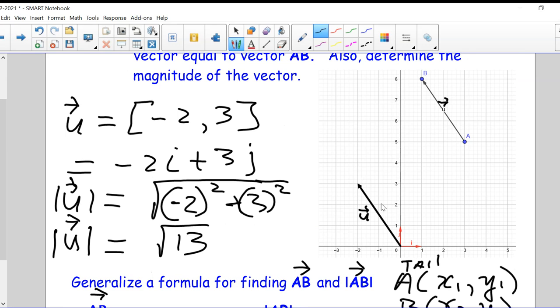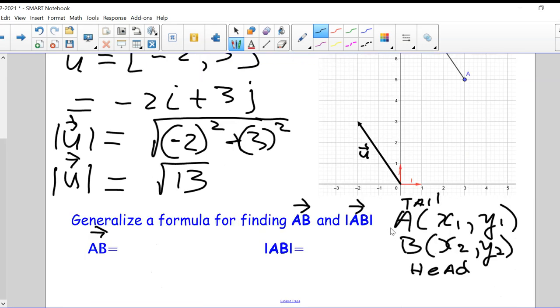So it is in fact head minus tail. So here's our general formula that we're going to be using: the x head minus the x tail, comma, the y head minus the y tail. Obviously, I'm using abbreviations here.